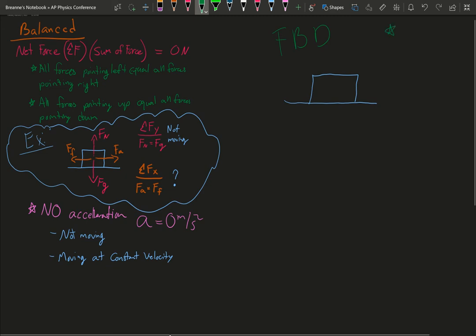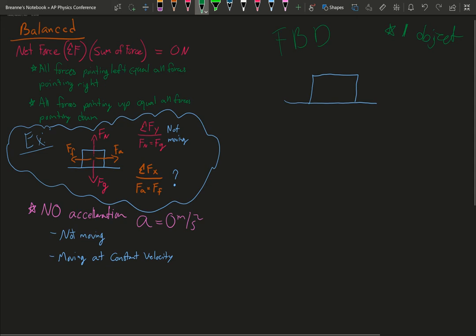Key thing there is it's one object. We're not dealing with a series of objects, we're not dealing with multiple objects, we're dealing with one object. So one object and what forces are acting on that one object. Okay, so it shows the forces.